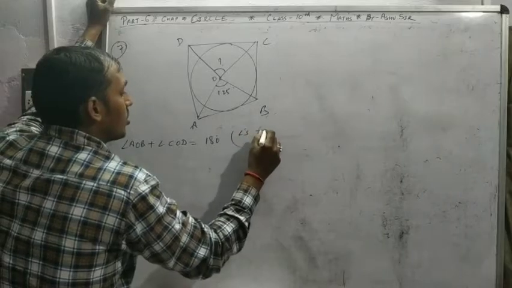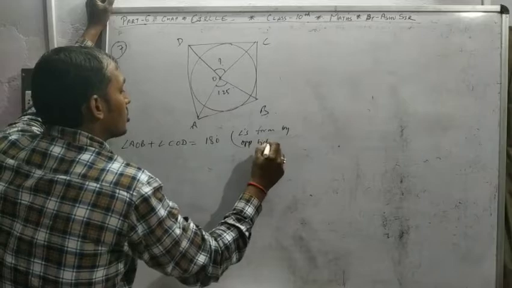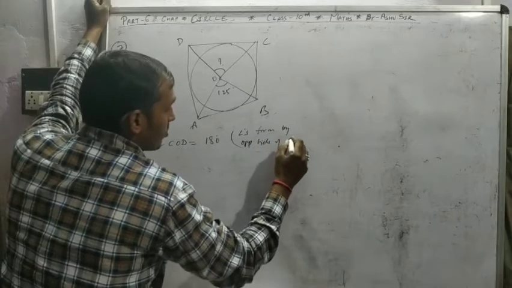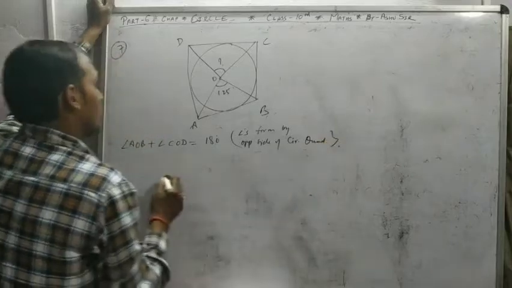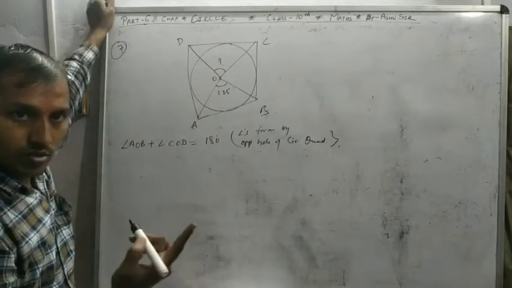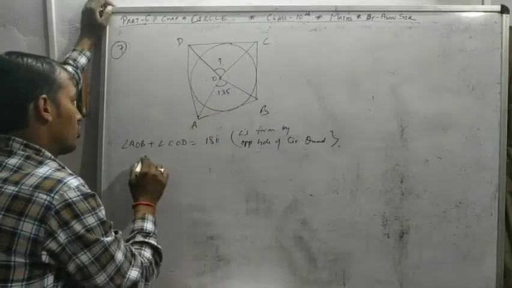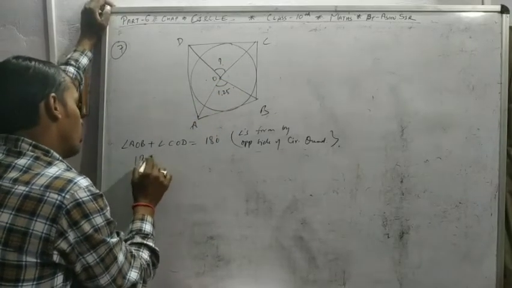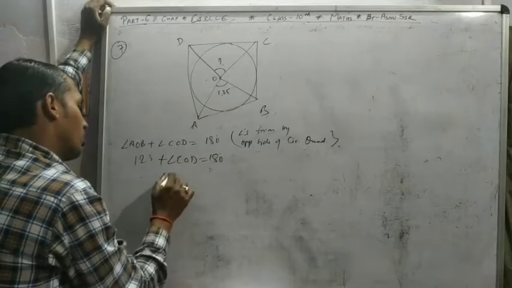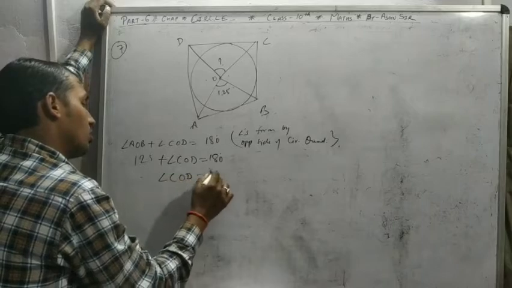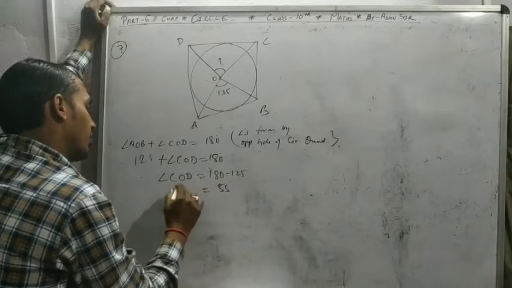Angles formed by opposite sides of circumscribing quadrilateral, we already proved in the theorems. This sum 180, this sum 180. So we can directly say this 125, COD, 180. So angle COD is equal to 180 minus 125, 55 degree.